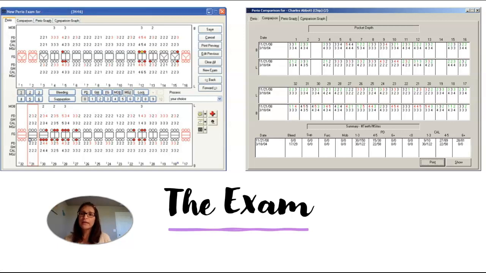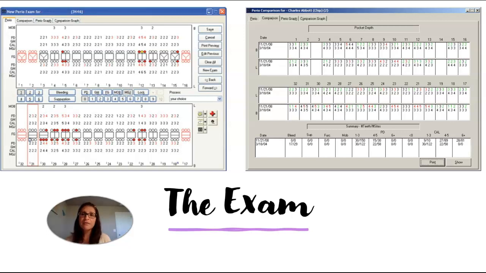We also record any suppuration, exudate or pus, shown here by the yellow circle. Upon probing in this area, where there's a pocket depth of 5, some pus came out as well, which probably indicates some sort of infection going on there.